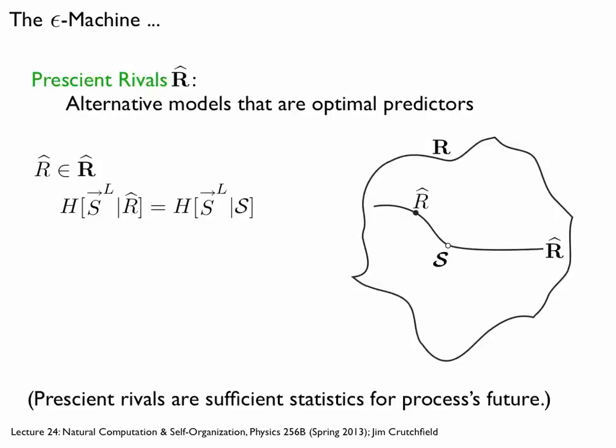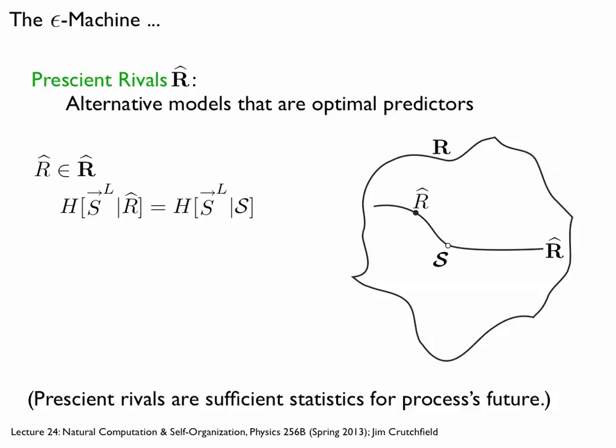Okay, so at this point, we've been talking about this entire space of models. Somewhere in there was the Epsilon machine, the causal states, and it could be anywhere out here. We're just picking these things. So just in terms of prediction, we showed that the Epsilon machine is the best, but it turns out there can be other models that are equally predictive. We call those the prescient rivals.